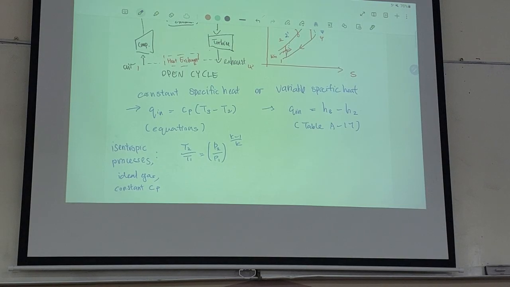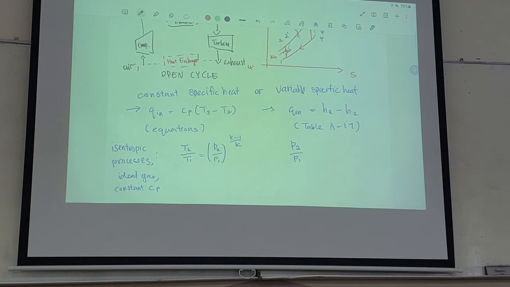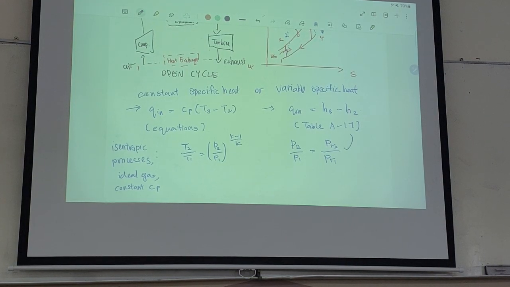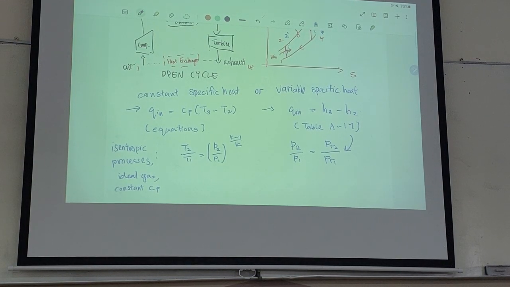So for the variable specific heat case, then you just assume P2 over P1 is equal to PR2 over PR1. Again, you use the table to find this value.